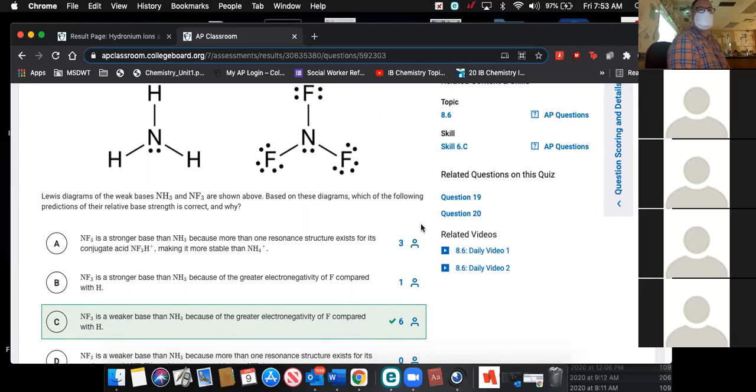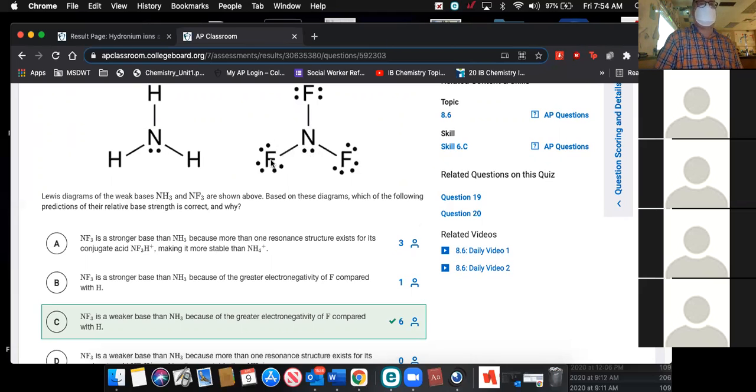NF3 is weaker because of the greater electronegativity of F compared to H. Is it considered a strong one? We would never deal with it. You have to remember your Lewis acids and bases. A Lewis base is an electron pair donor.